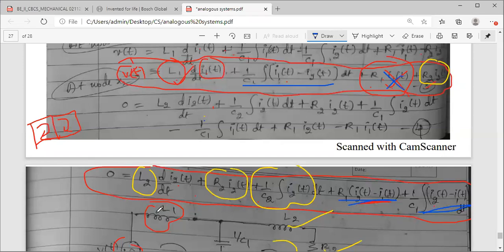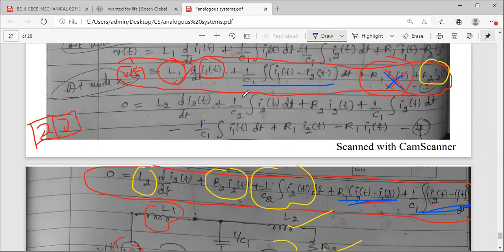Three elements are shared. The things which I have encircled with the red color, that is L1, it is for the first loop, which takes only first current I1. And with the circles which I have shaded, I have marked with the yellow color, they are purely for the second loop, I2.